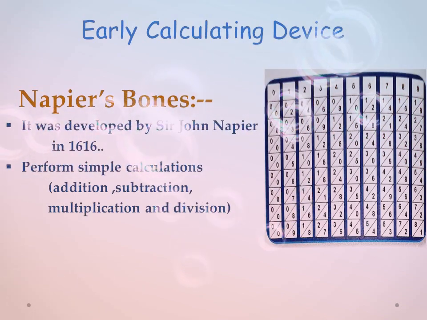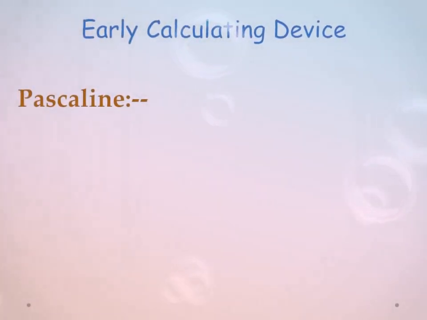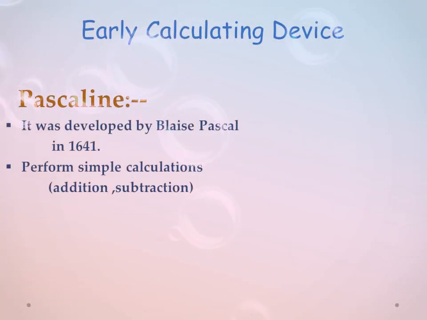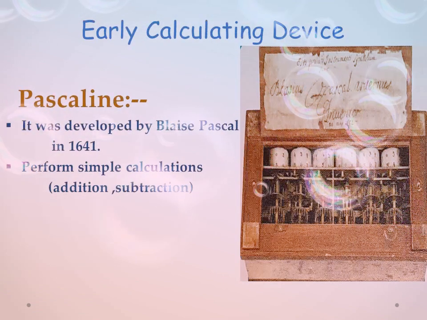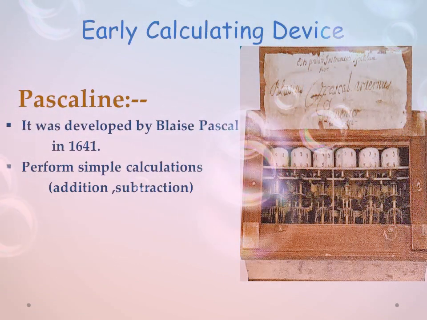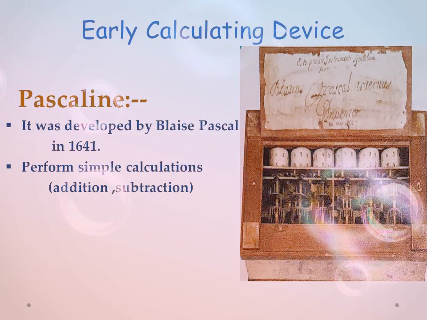Third one is Pascaline. It is one of the early calculating devices and one of the first mechanical calculators. It was invented by Blaise Pascal in 1641.